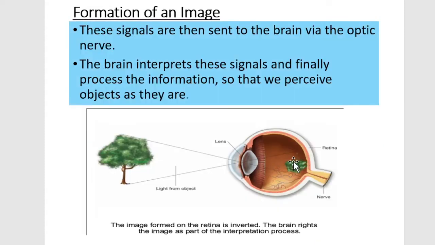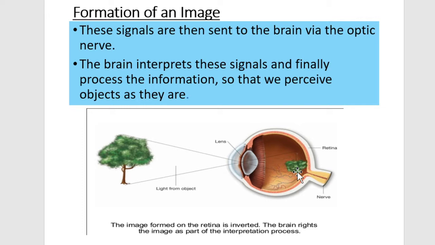Look at this. How does the image form on the retina? What kind of image is formed? An inverted image is formed at the retina, right? And this image is then converted from its visual form into an electrical signal, which will be transferred to the brain.